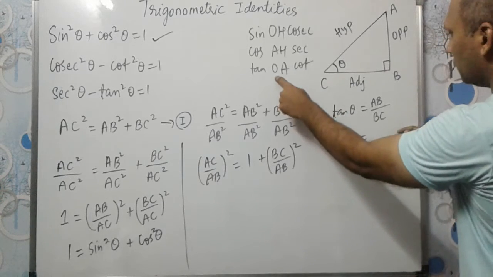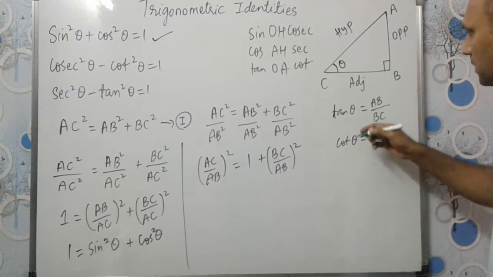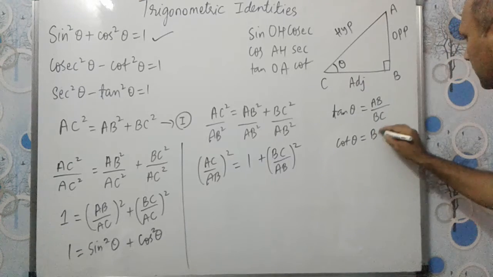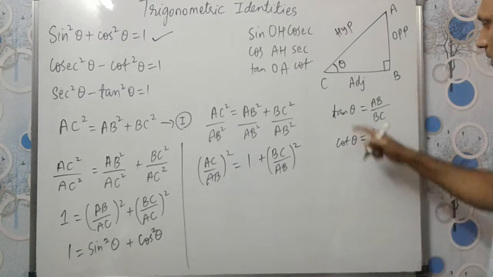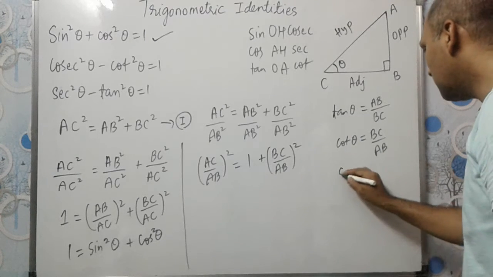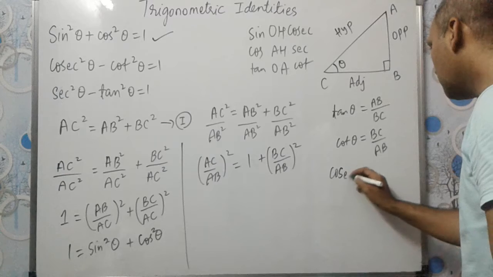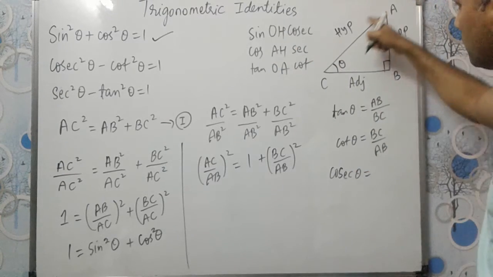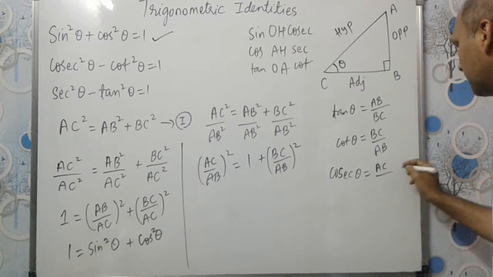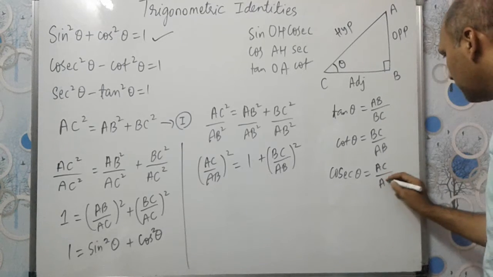Cot is adjacent divided by opposite, so BC divided by AB. So tan and cot we got. Let us write cosecant theta. Cosecant is hypotenuse divided by opposite, so AC divided by AB.